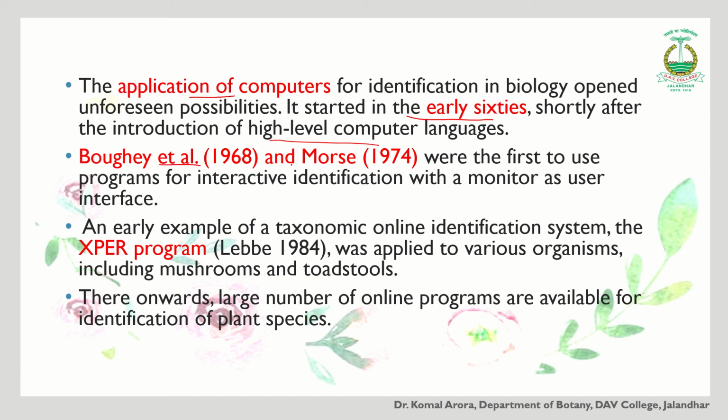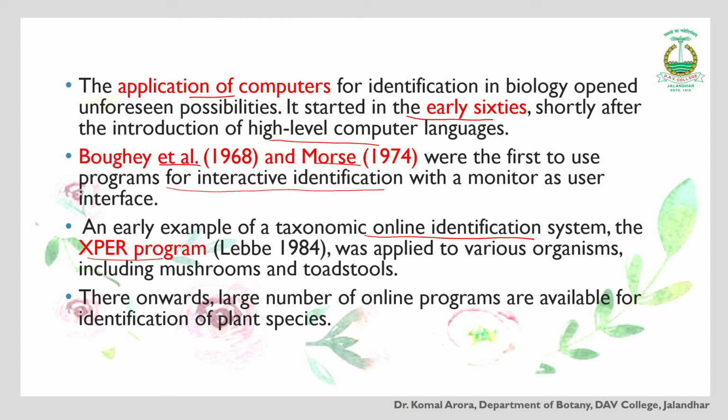Bogie et al. and Morse were the first to use programs for interactive identification with a monitor as a user interface. Means now we are having a user-friendly interface. So we can put in the characters and we can get the result that our specimen matches so and so options.